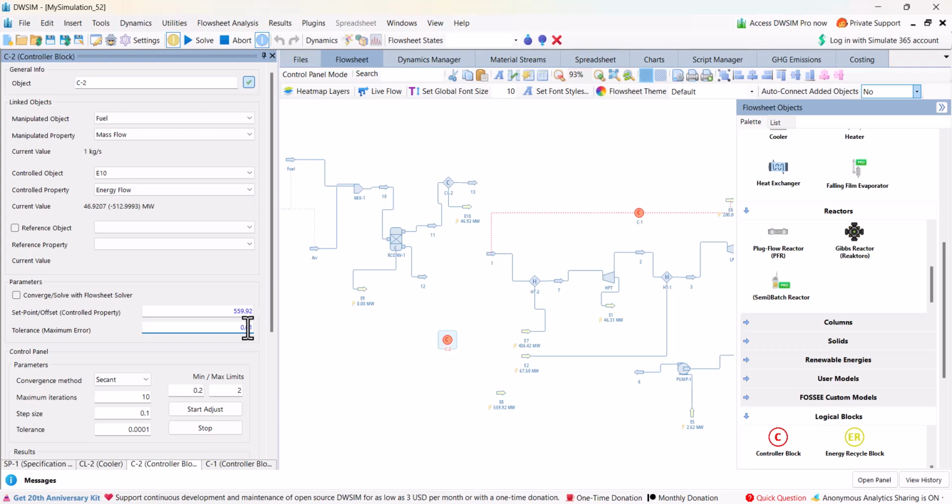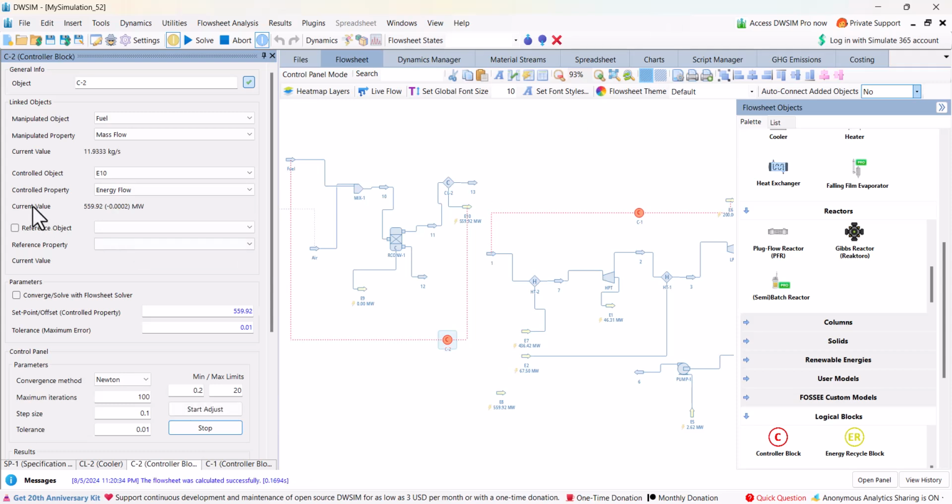Tolerance, let's reduce it more. Use Newton method, maximum iteration to 100. Maximum limits, let's make it 20 and start adjusting it. It might take some time. No, it did it.